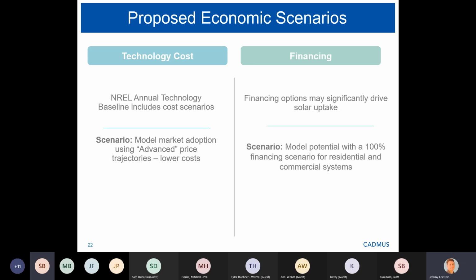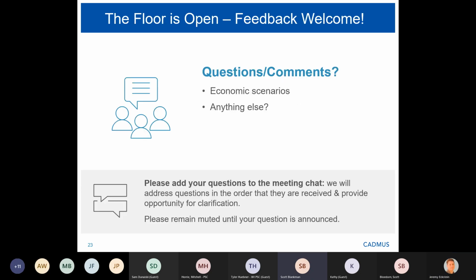Mitch, this is Scott Blankman. Given the conversations here and seeking alignment on the scenarios, could you summarize what we think the four scenarios are that we've ultimately landed on? I think that's a great idea. So if somebody can jump in and correct me if I got any of this incorrect.